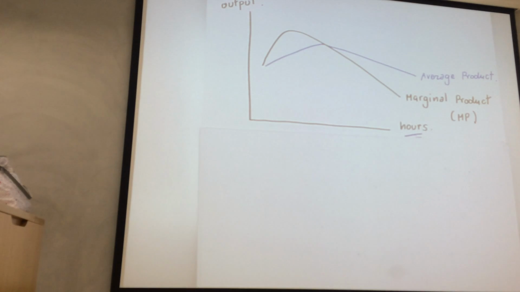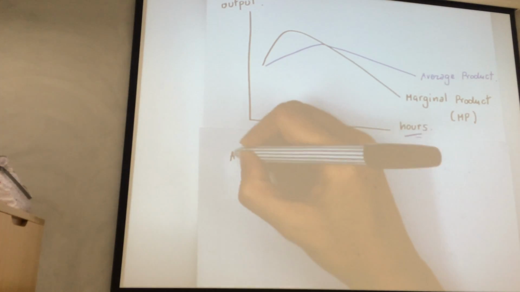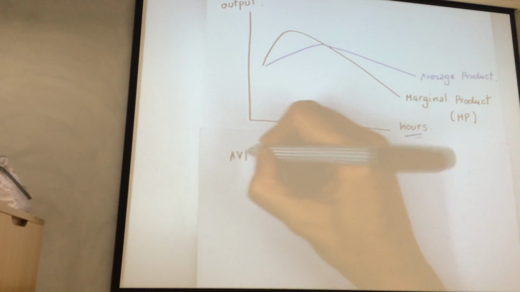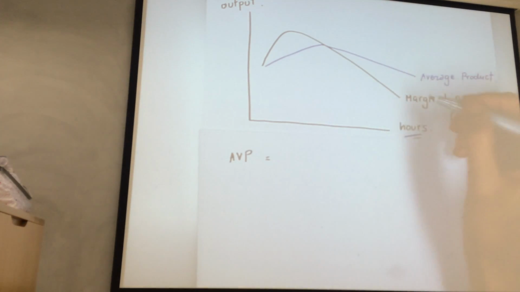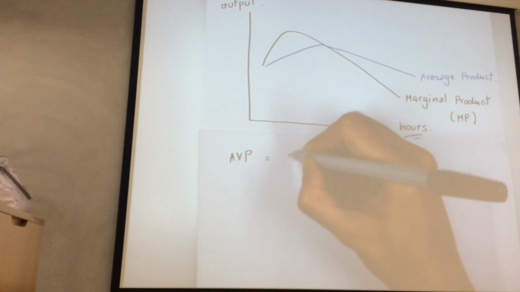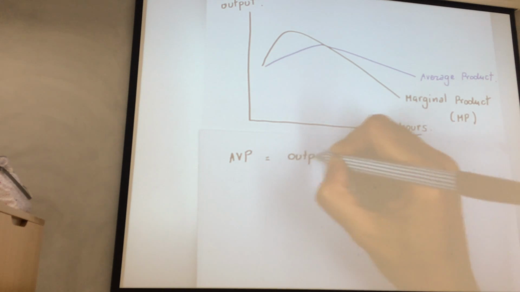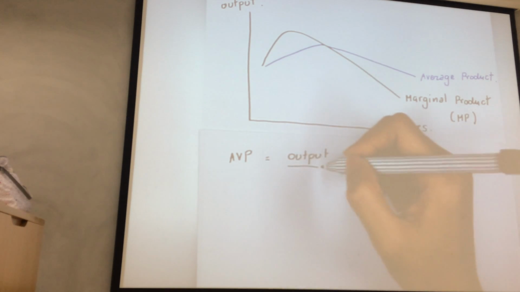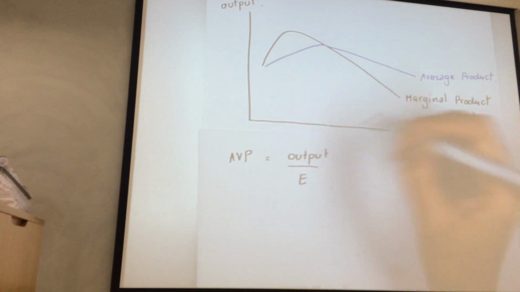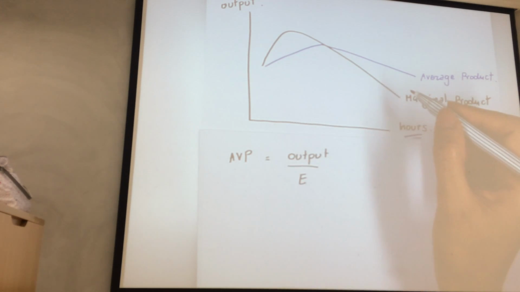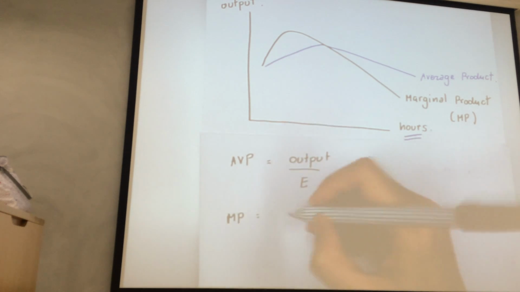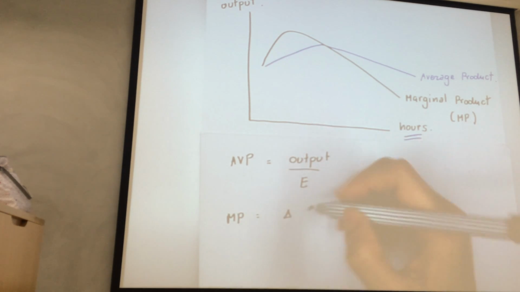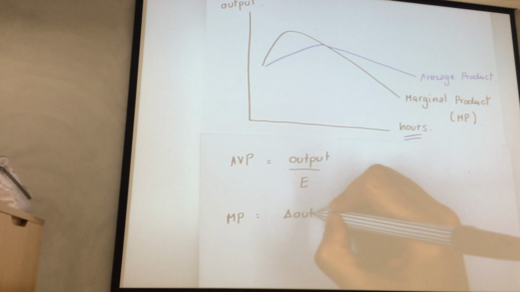What is your average product? Let's write it as APE. Average product is equal to output divided by input, divided by E. And marginal product will be the change in output.